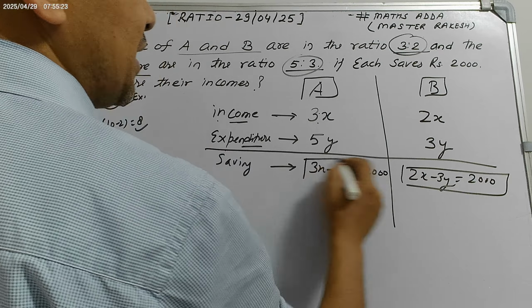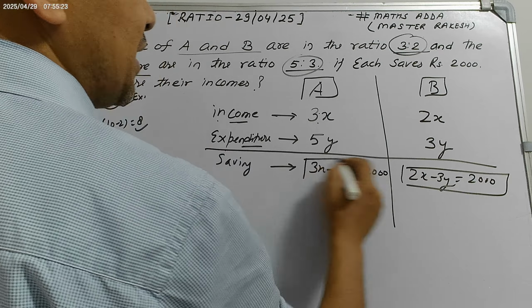Put the equation like this: 2x minus 3y equal to 2000. If you have to solve these equations, the coefficient of x, or the coefficient of y, should be equal in both.